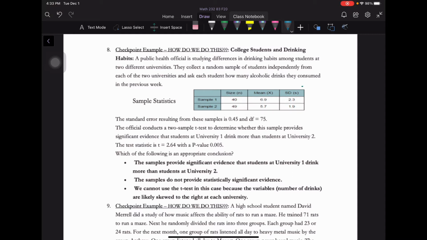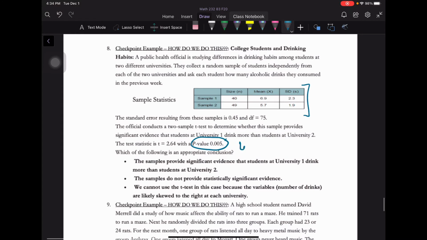We have our sample sizes here. We have the standard error of the results, the degrees of freedom, our test statistic, and our p-value. Our p-value is 0.005. That is low, meaning we reject the null, we do have evidence. Low means reject, have evidence.